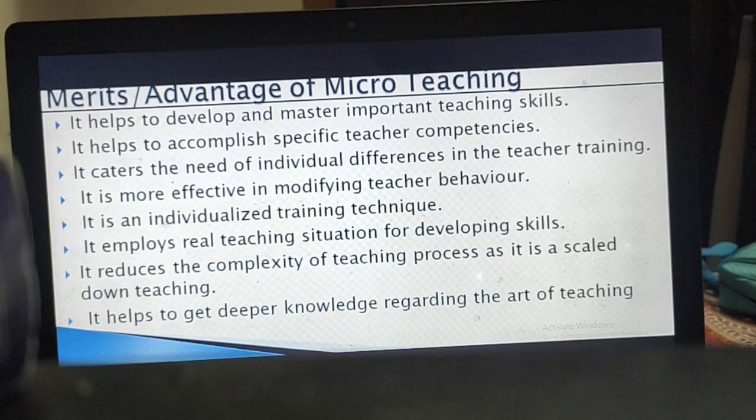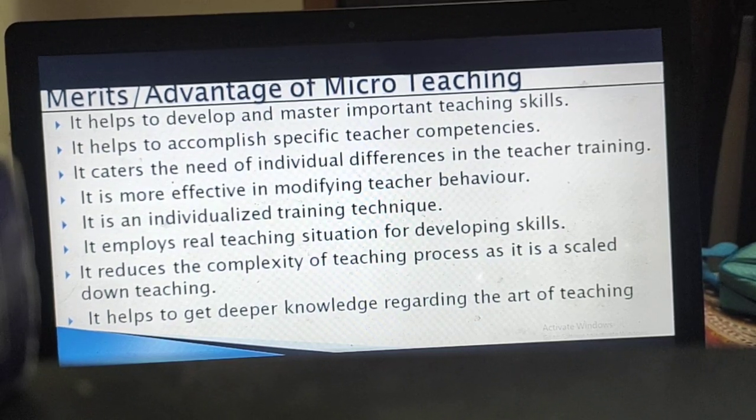When the teachers have to face the real situation, like the real classroom situation, with his past experience or his teaching skill experience, he can develop their skills.